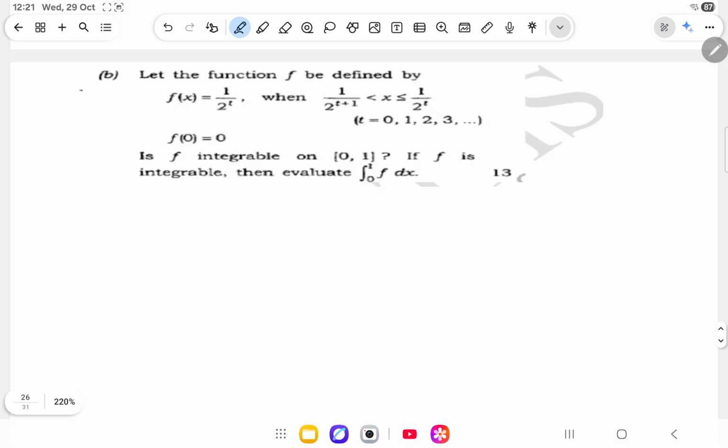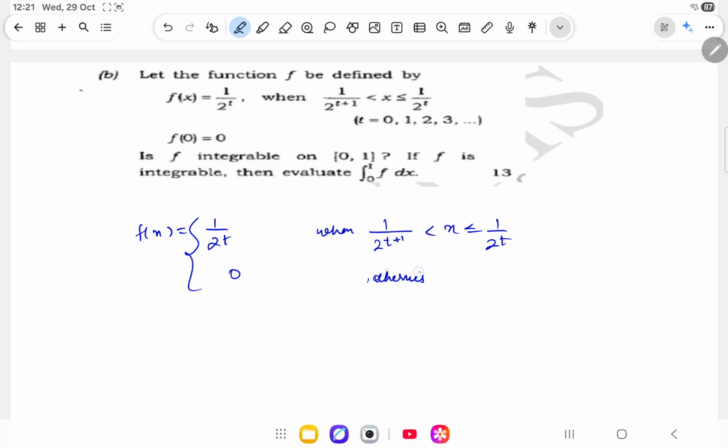In this question they have given us a function f x, defined as f of x equals 1 by 2 raised t when x lies between 1 by 2 raised t plus 1 less than x less than or equal to 1 by 2 raised t, and it is 0 otherwise. Now this is also a repeated question.